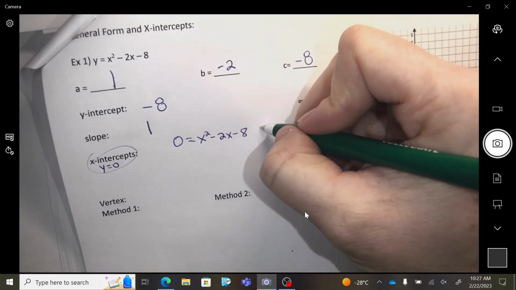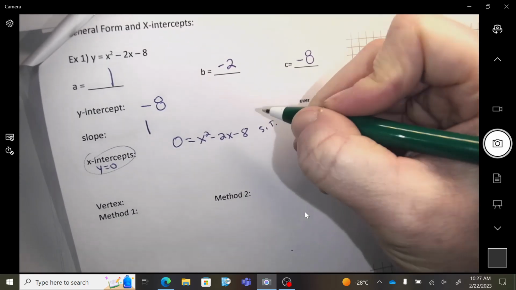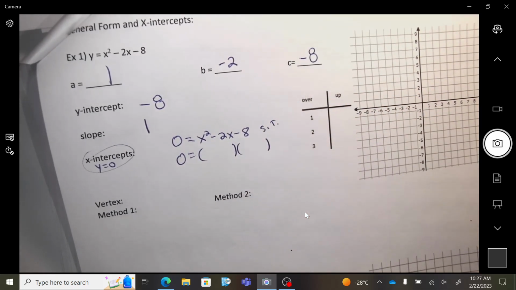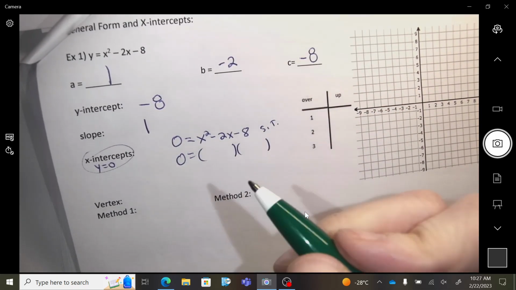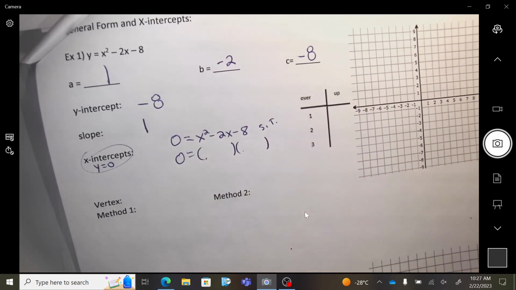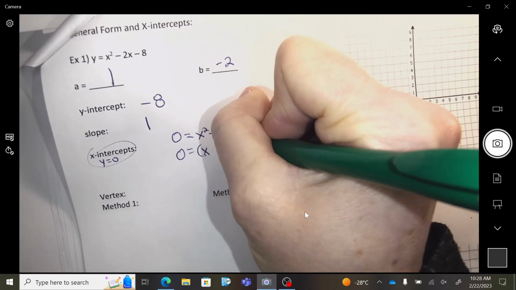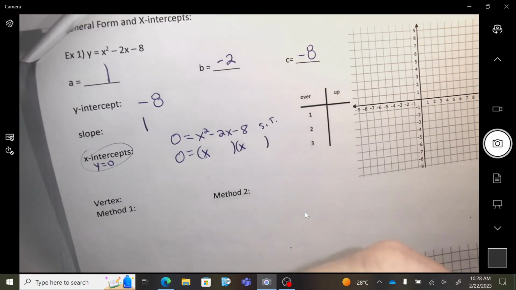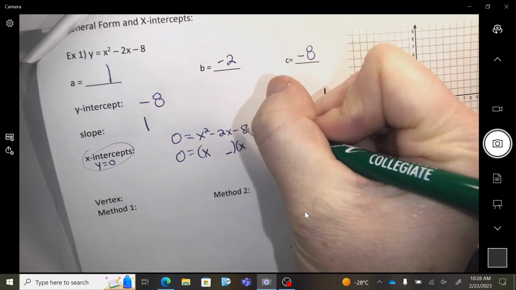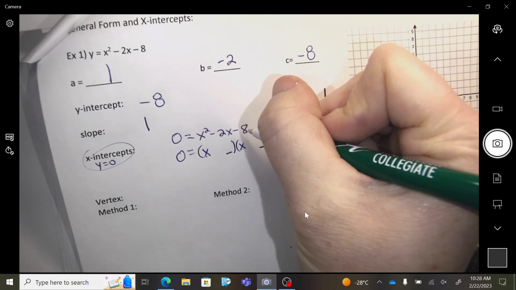Simple trinomial. Okay, so that means simple trinomial format was two brackets. The first times the first produced x squared. So what would I put? X times x. The last times the last needed to multiply to -8.